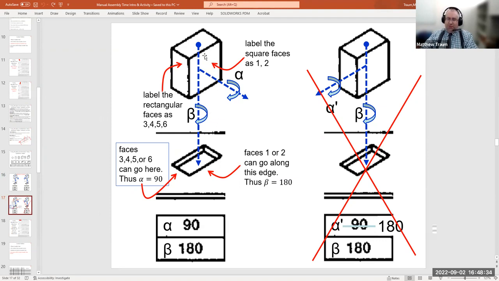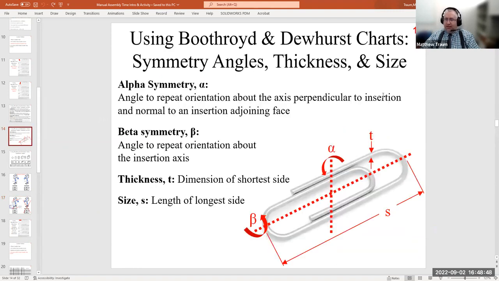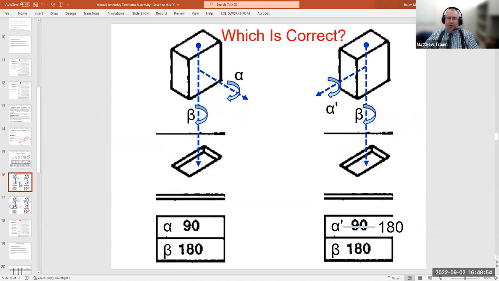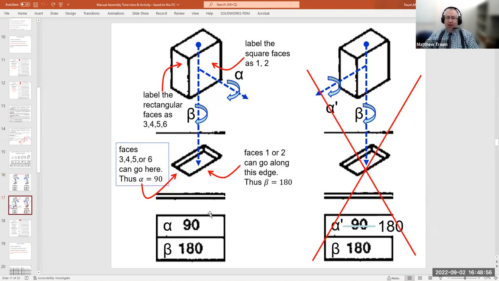So the square faces, which are symmetrical, get numbers 1 and 2, and then all the rectangular faces get numbered 3, 4, 5, and 6. And then you're looking for an axis normal to an insertion adjoining face, but then you also want to pick the angle of symmetry that is the lowest in this case.